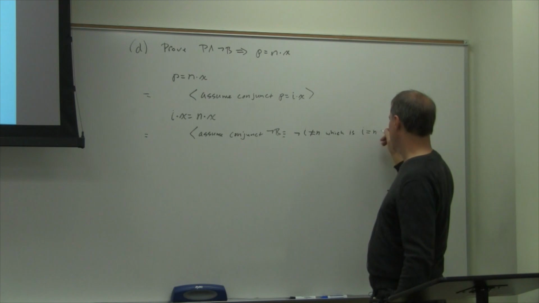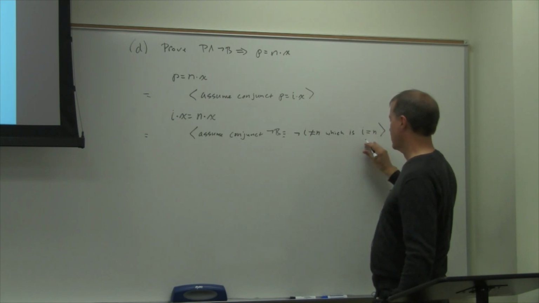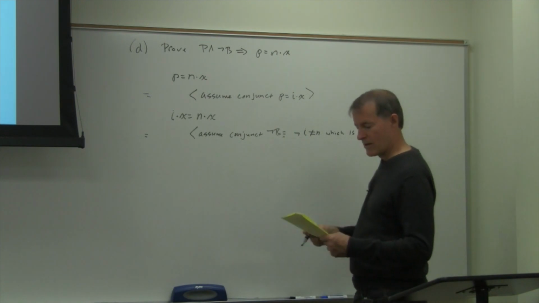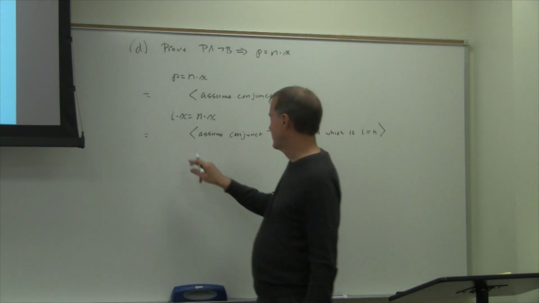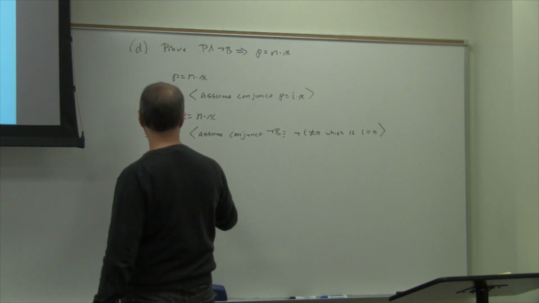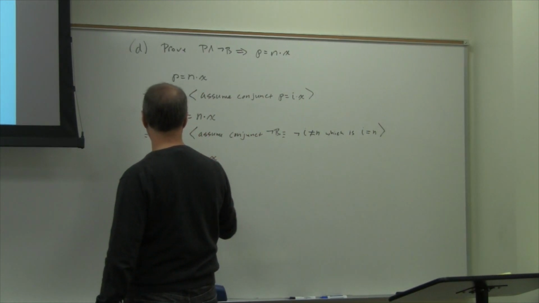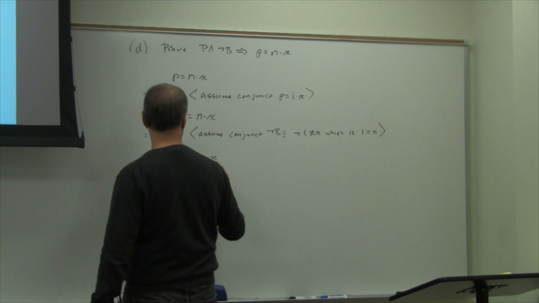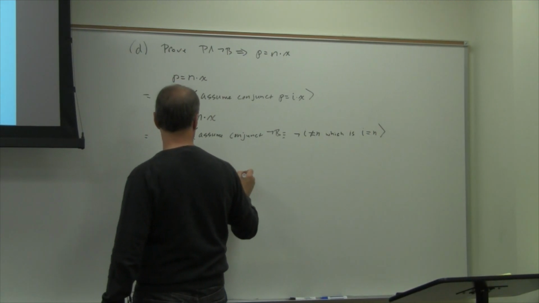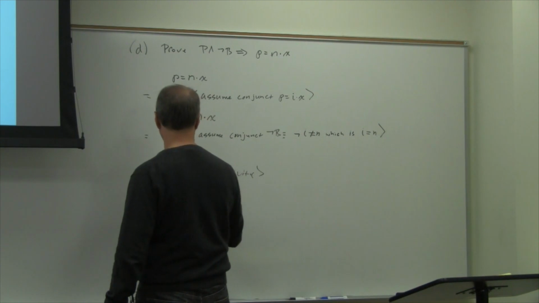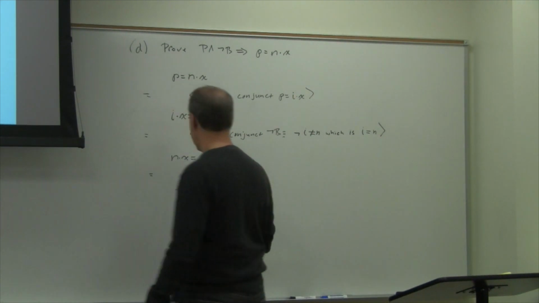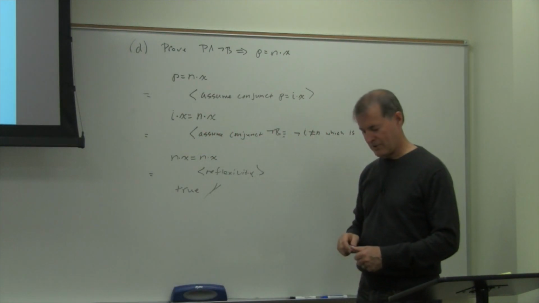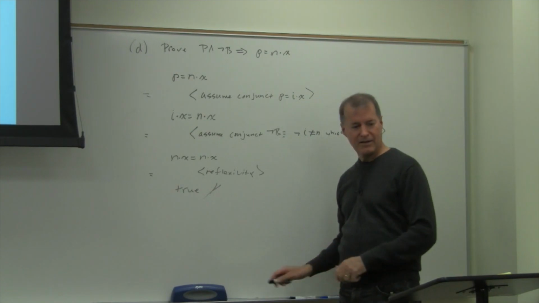Not i not equal to n is i equals n, right? So if i equals n, what do we have? Yeah, then we have n times x equals n times x. Equals by reflexivity. True. Boom, we're done. Okay, well, we went a little over, but that's all right.